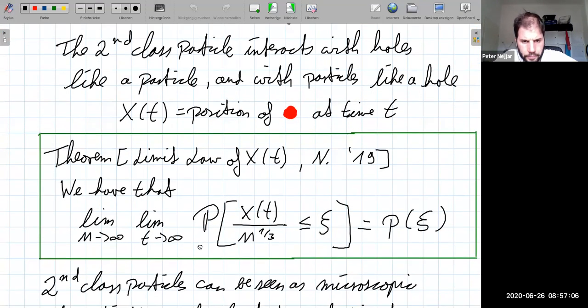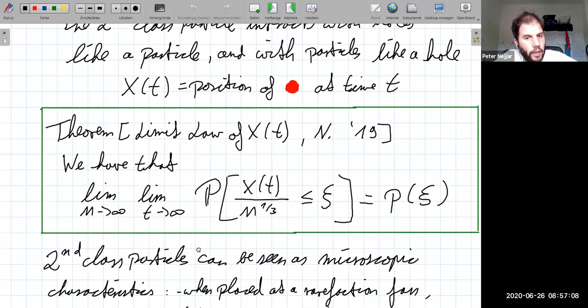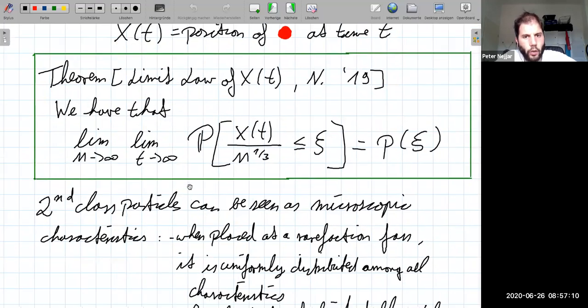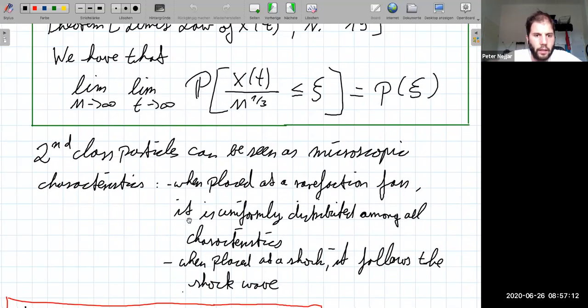And coming back to the characteristic lines I'd shown you in the beginning, there's a lot of evidence that you should see these second-class particles as microscopic versions of the characteristic lines of the Burgers equation.